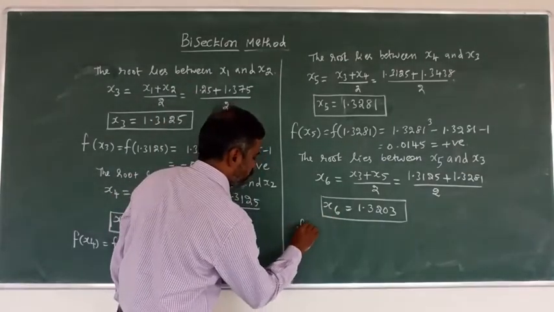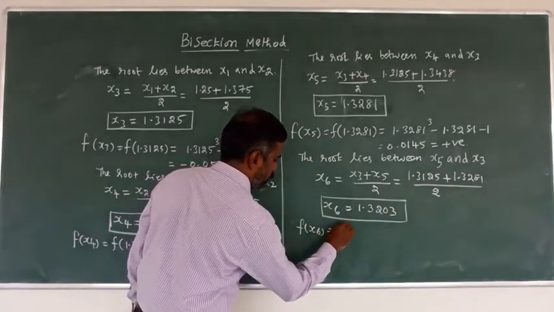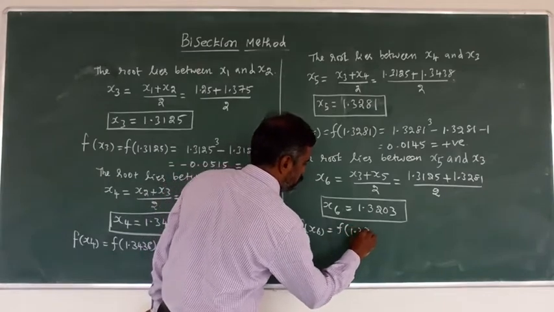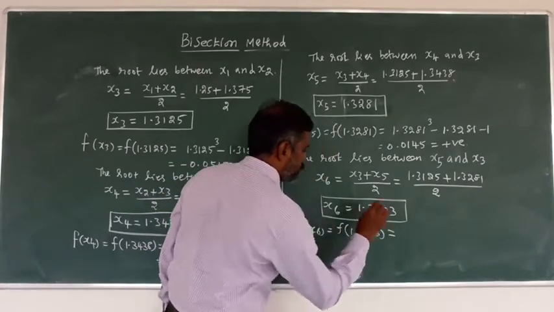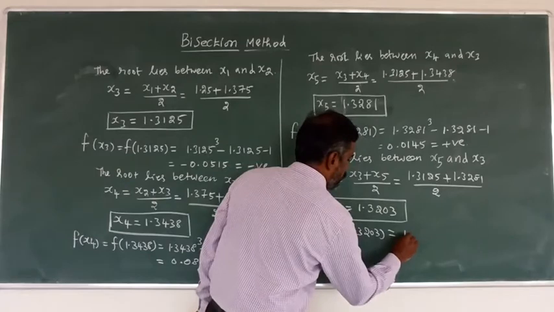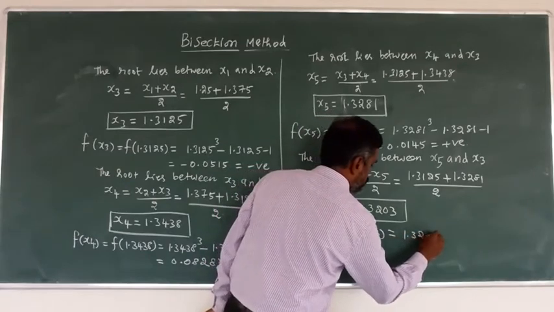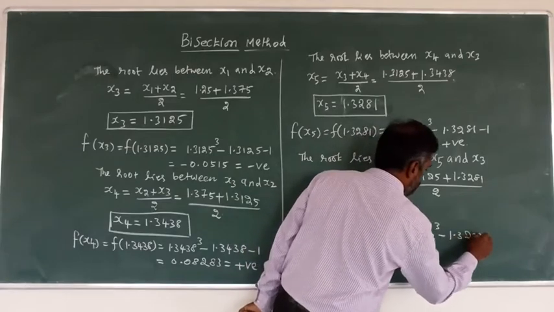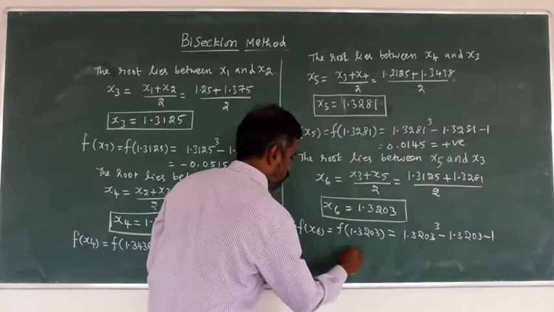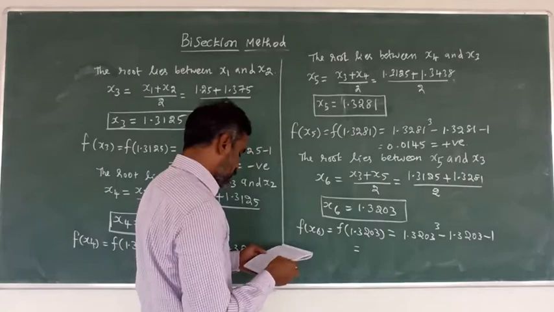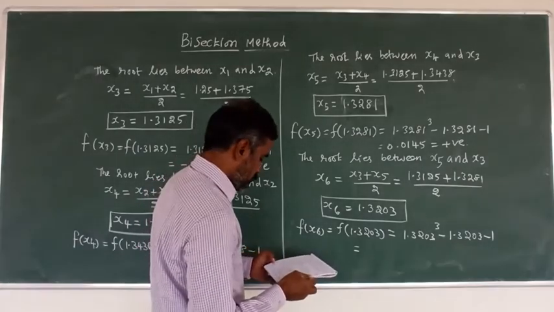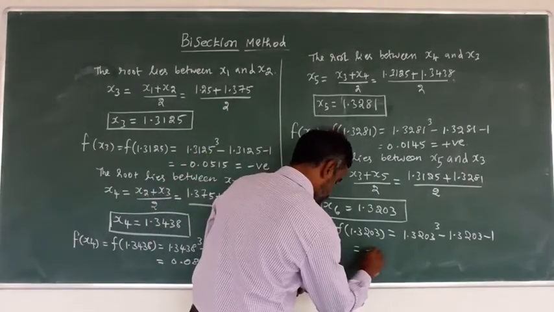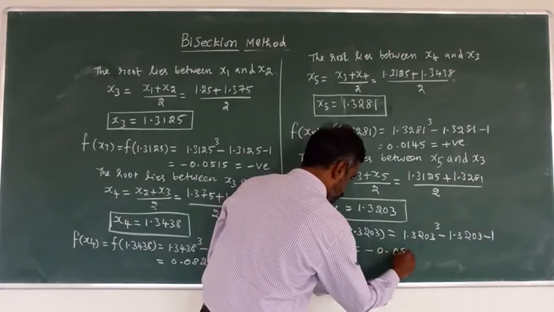Now to check whether the x6 value is positive or negative, f of x6 equal to f of 1.3203. Now substitute in x cube: 1.3203 cube minus x value 1.3203 minus 1. Now we get the result minus 0.0188.